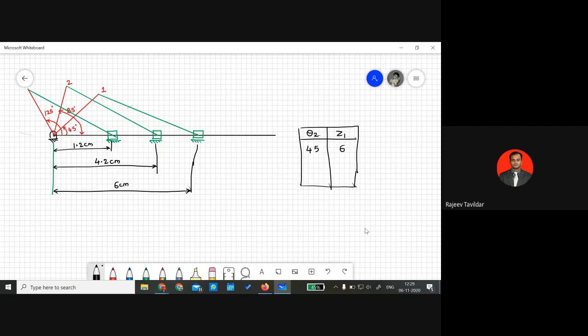When theta 2 happens to be 85 degrees, the value of Z1 is 4.2 centimeters. Similarly, when theta 2 is 125 degrees, Z1 value will be 1.2 centimeters.